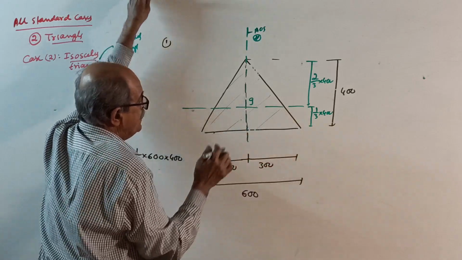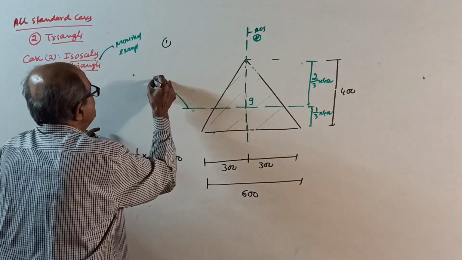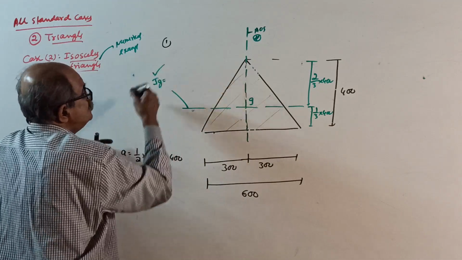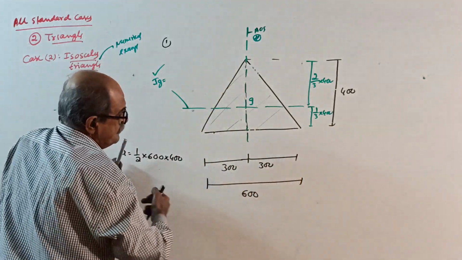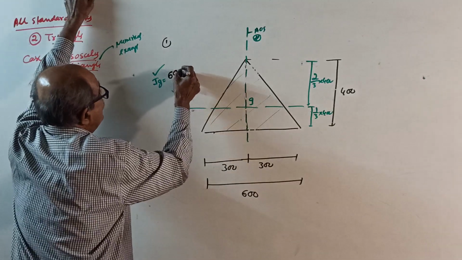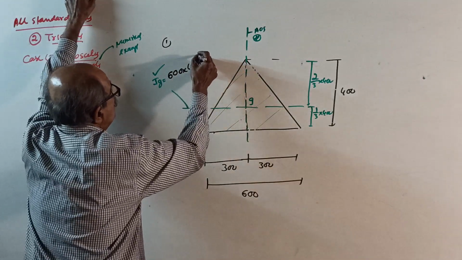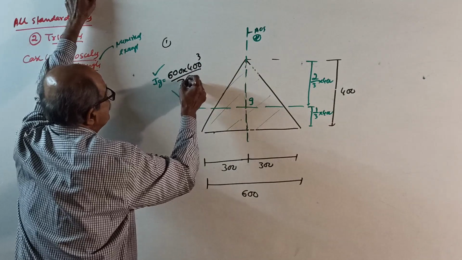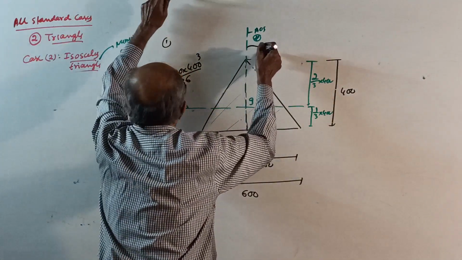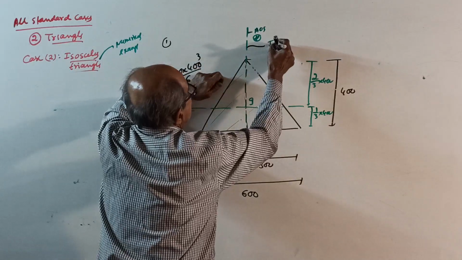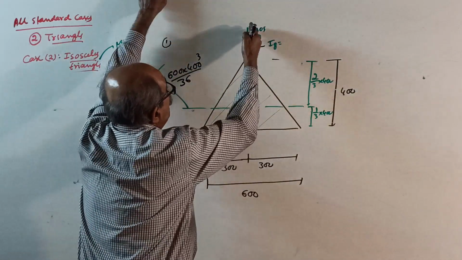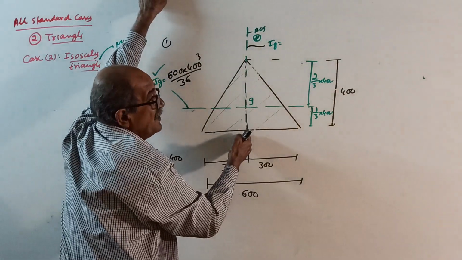This way is the midpoint. Now, this IG is as usual. Why? See, the base is defined here: 600 into 400 cube divided by 36. Regular. But this IG is, oh, this is not the base.